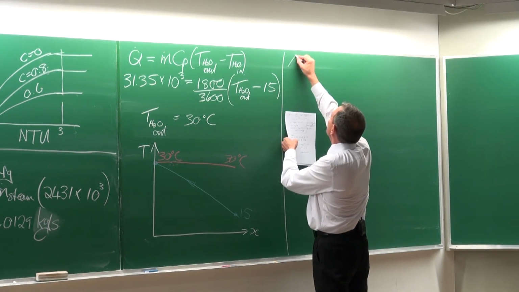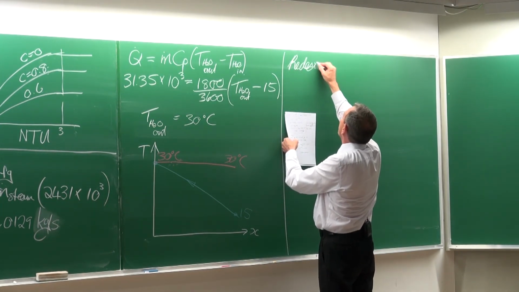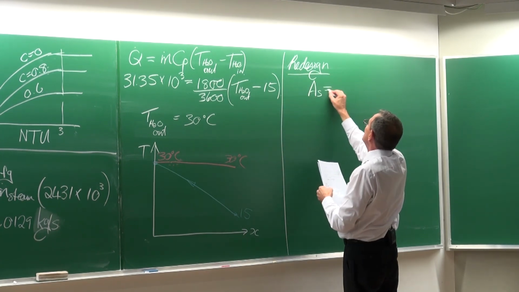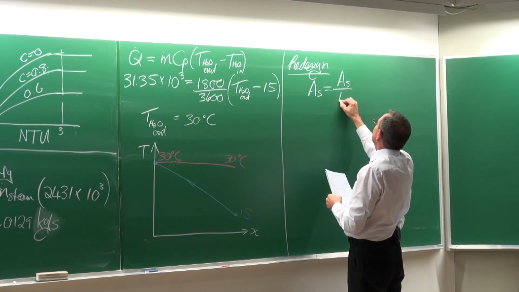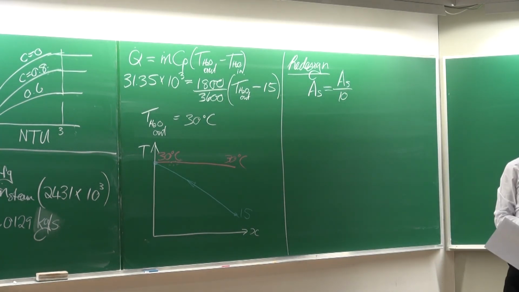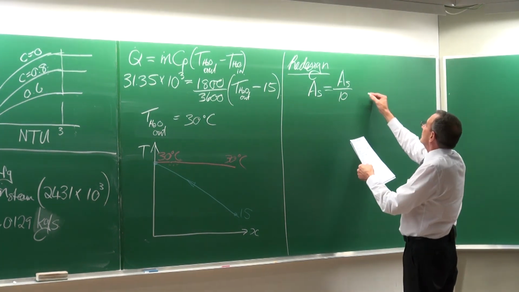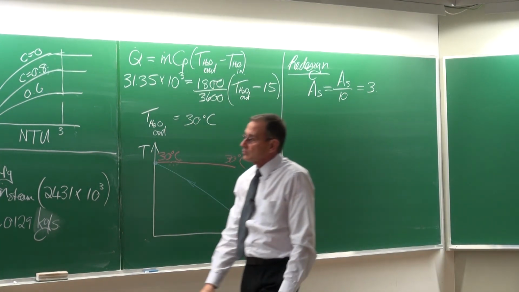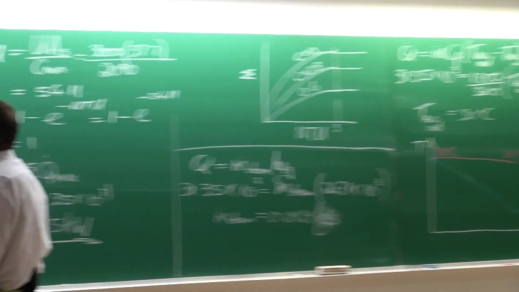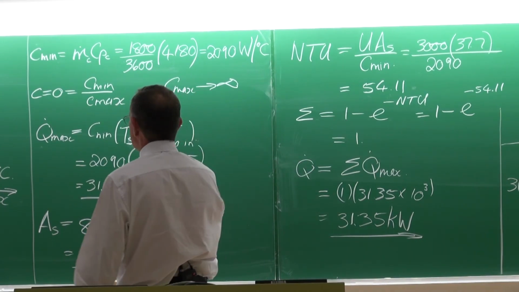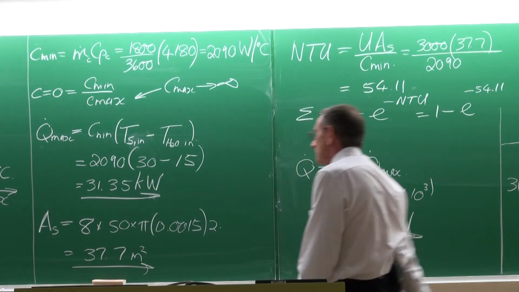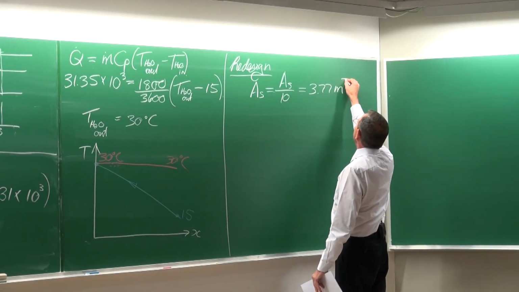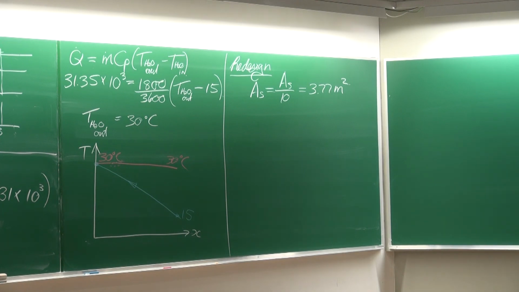We're going to say, in terms of the redesign, at least the minimum, let's change the surface area and make it 10 times smaller. Thus, we're going to make it not 37.7, we will make it 3.77 square meters. So it's 10 times less.